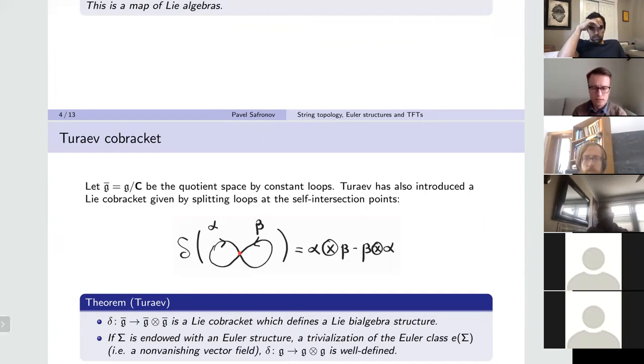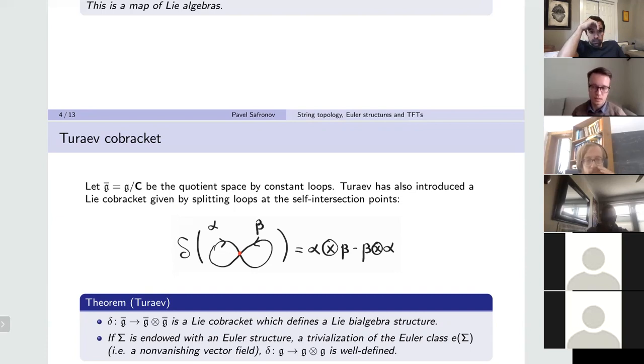I'll explain in a second why you have to mod out by constant loops. But something interesting you can do is, instead of modding out by constant loops, you can assume that Σ has a non-vanishing vector field. One way to think about the non-vanishing vector field is to say that it's a trivialization of the Euler class. So if you have a non-vanishing vector field, of course, the Euler characteristic is 0.